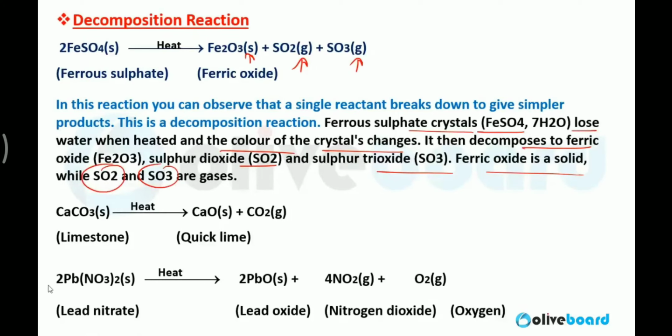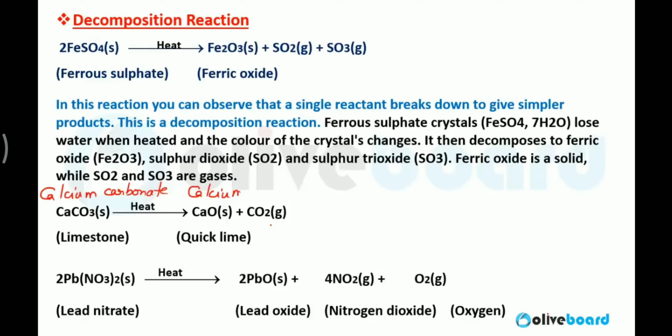You can see limestone, another name for which is calcium carbonate. Now when you heat calcium carbonate, it converts into quicklime, that is calcium oxide, and carbon dioxide.